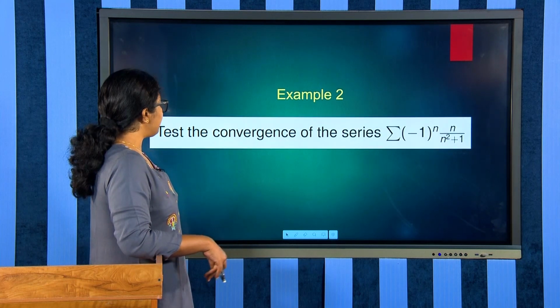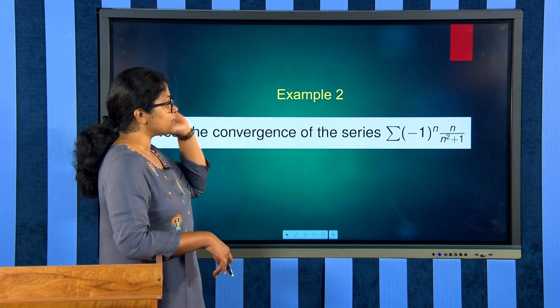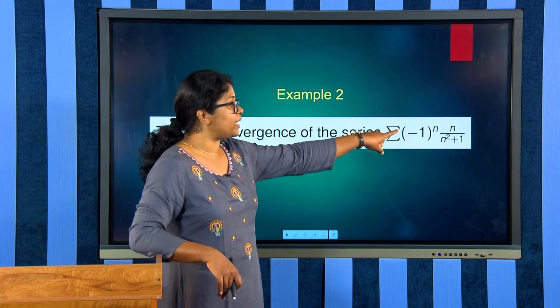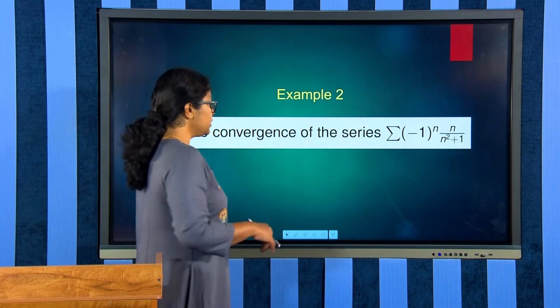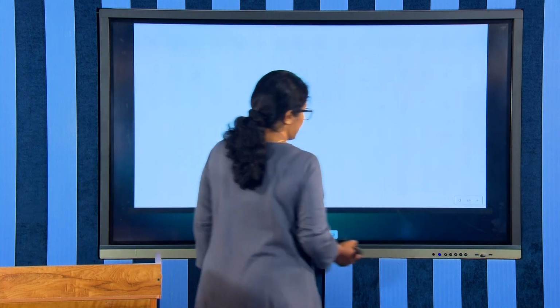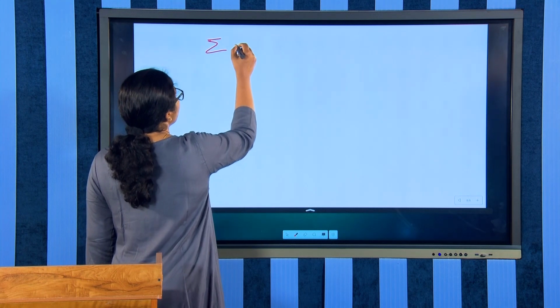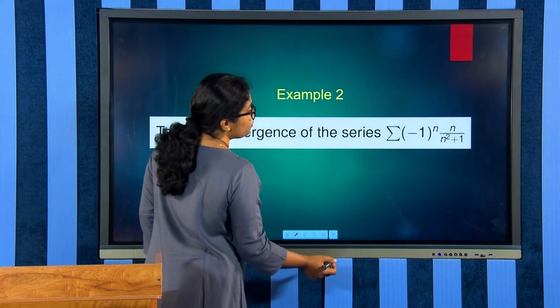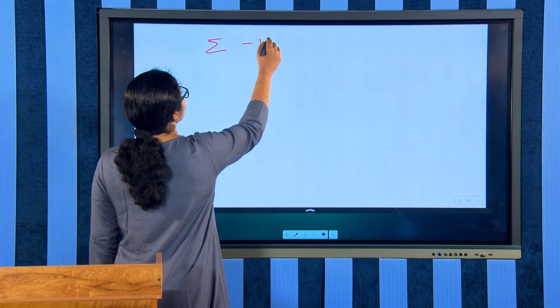Now, the second example is: test the convergence of the series summation negative 1 power n upon n square plus 1. So again, let us see what happens using the Leibniz test. The question once more: minus 1 power n upon n square plus 1.